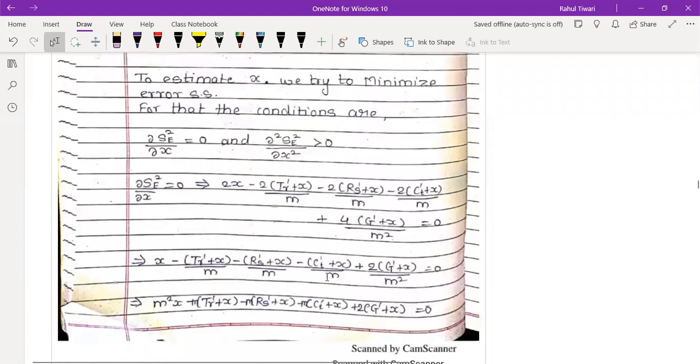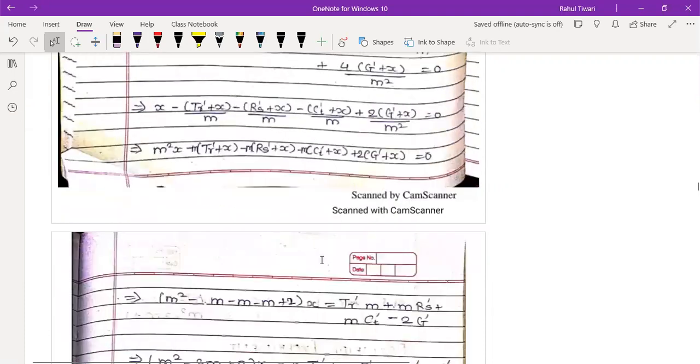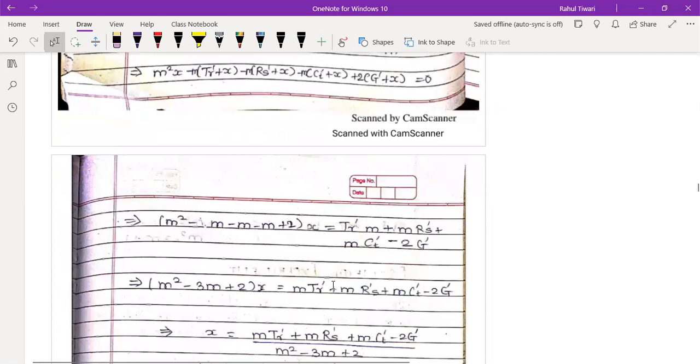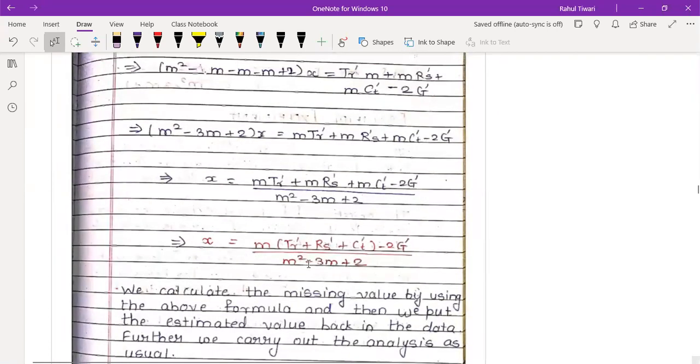Just do simple calculation using cross multiplication, simplify करके आपको x का आंसर मिल जाएगा, and that is basically your missing value observation, and that we want.